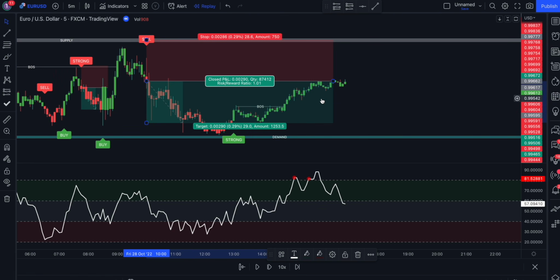Okay traders, I hope you have understood the rules for the strategy. Let's do the backtesting to find out all the numbers behind it.